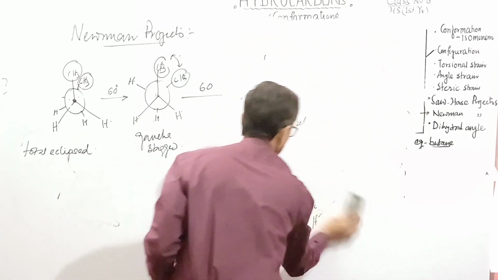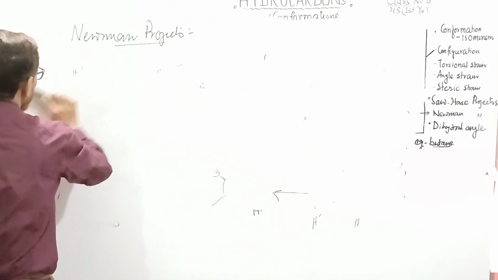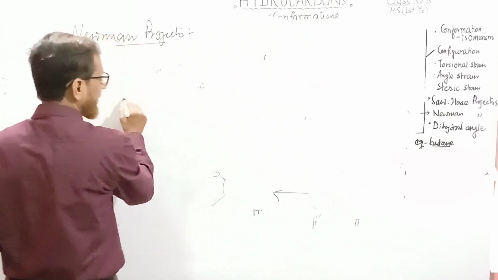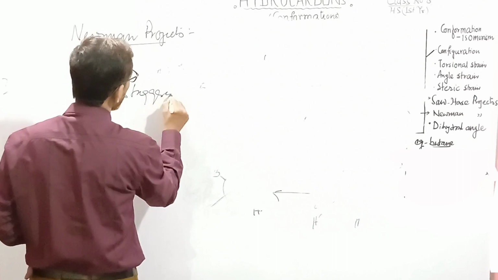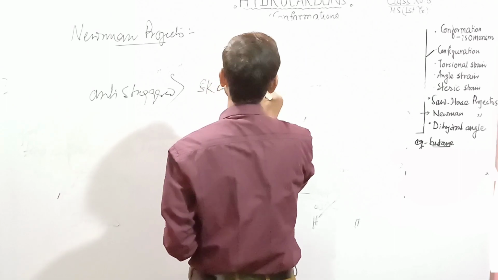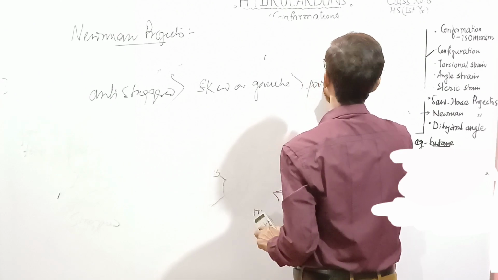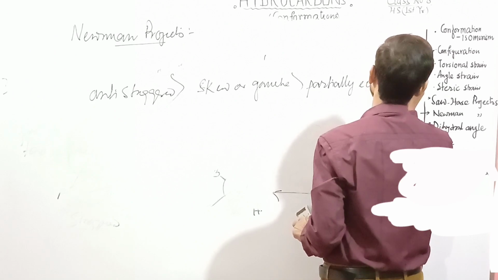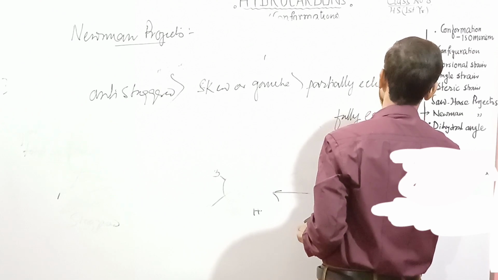Now if you think about the stability, which is very often asked in exam, we can write anti-staggered or staggered is highly stable, then skew or Gauche form, partially eclipsed, fully eclipsed.